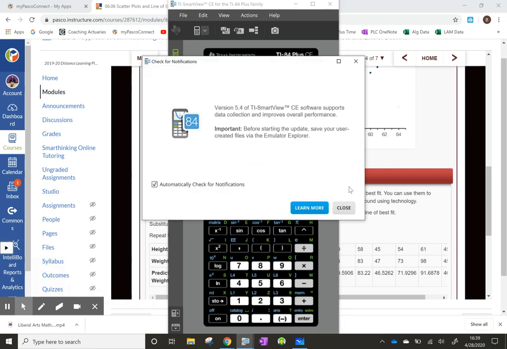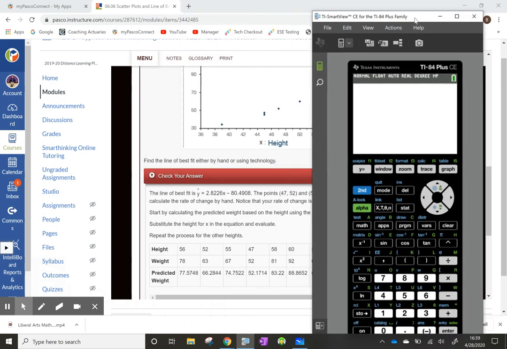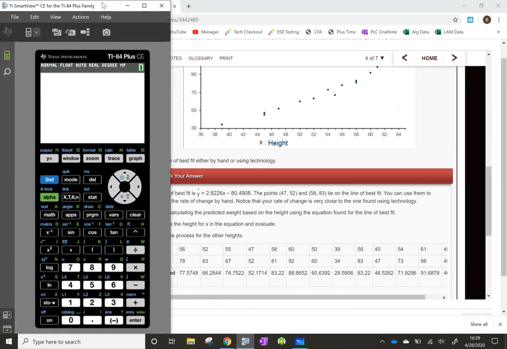Let me first type in the equation. Their equation was 2.8226 times x minus 80.4908. So that's their equation.